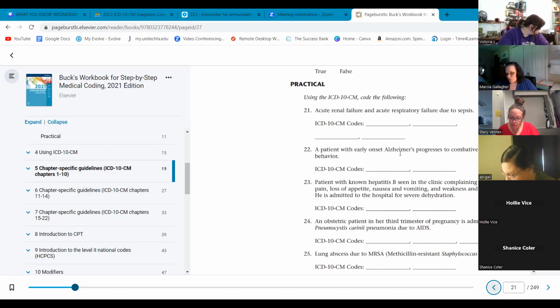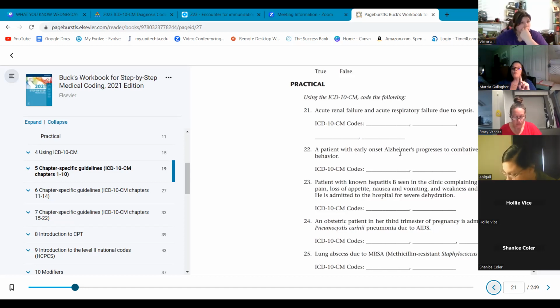Okay, well, I'm going to tell you also why F02.80 cannot be the correct code, because highlighted in purple, 80 says without behavioral disturbance. And clearly, because this is combative behavior, it has to be with behavioral disturbance.